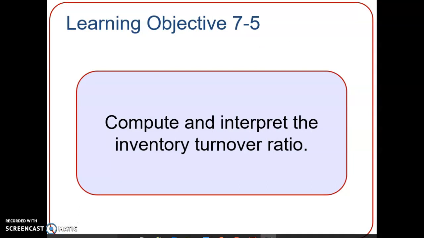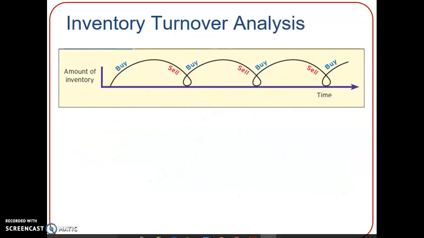Lastly, we're going to look at the concept of inventory turnover ratio. So the amount of inventory we purchased from the suppliers, we sold them, and then we purchased again, we sold again, we purchased again, and sold again.